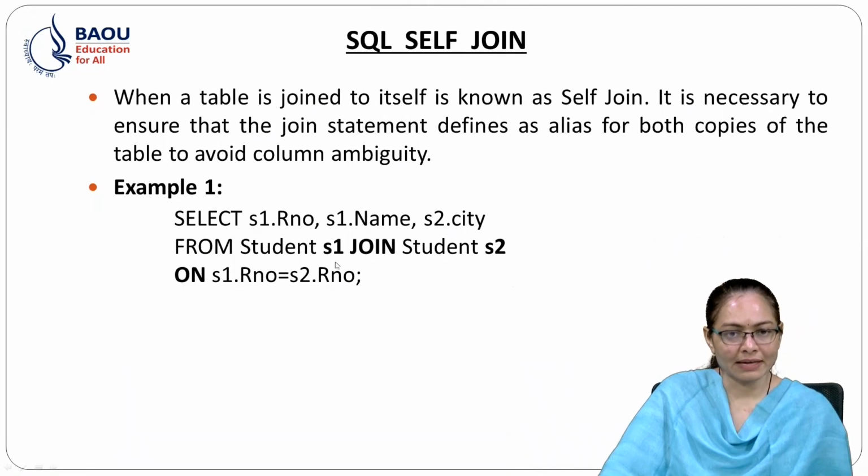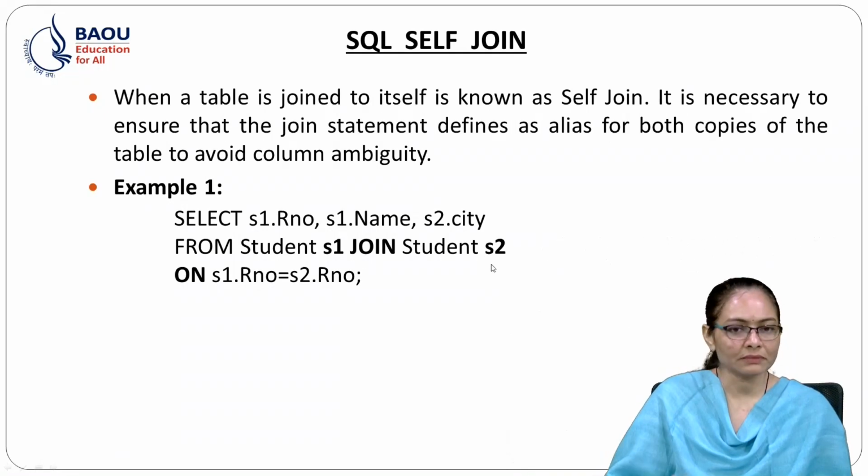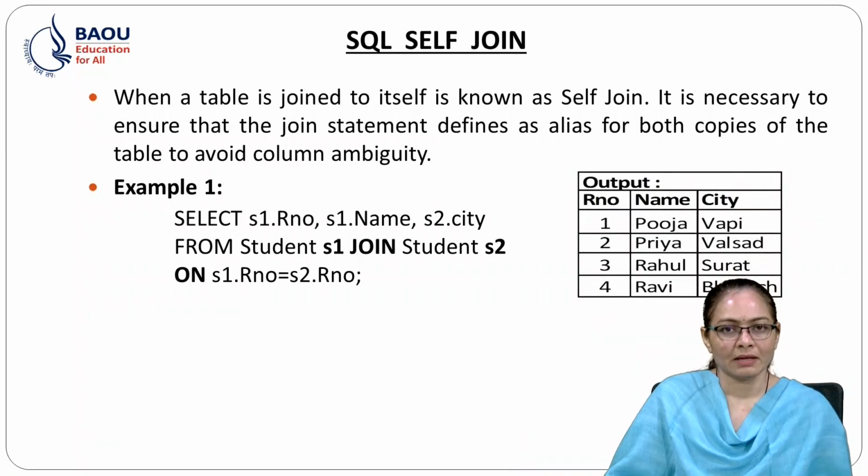We define the aliases using the table name, then the alias name. Alias means another name of this table. We can also use the AS operator. On S1.roll_number is equal to S2.roll_number. In the output, it will display all the records from the student table.